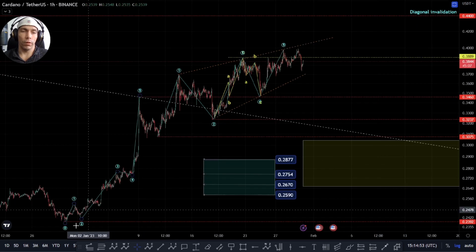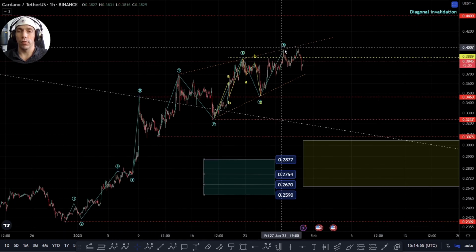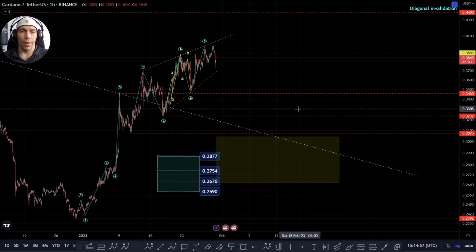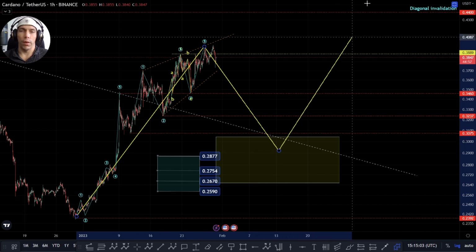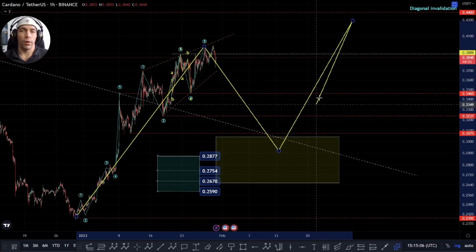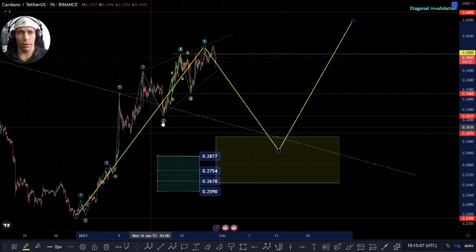Or alternatively, this could just be a zigzag completed, and then we're going to get a bigger structure here, still corrective, where this is an A, we break down for that B, and then we get a C wave to the upside. So we'll have to see how this plays out.